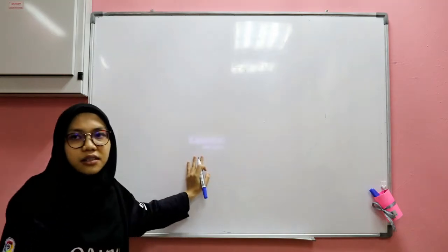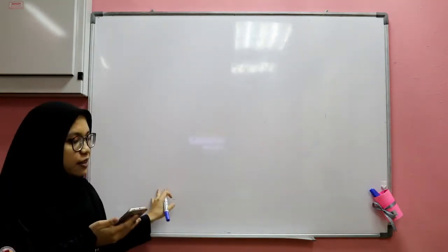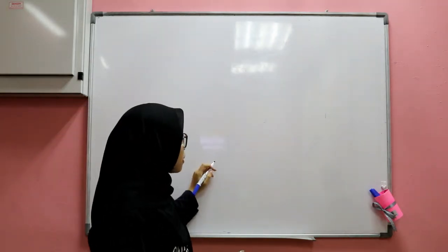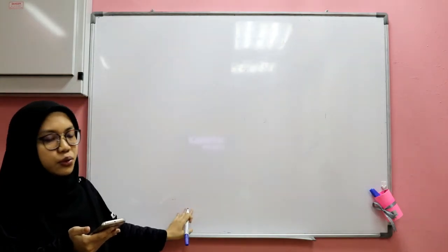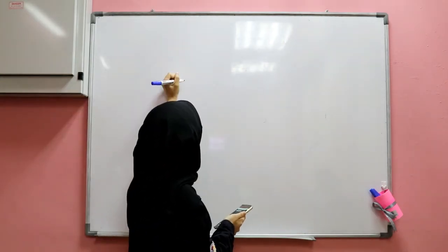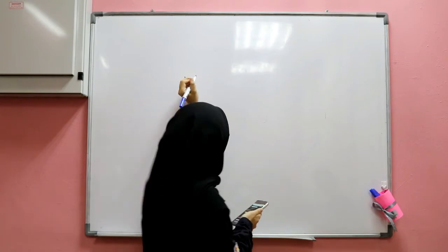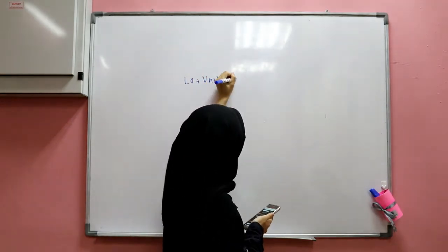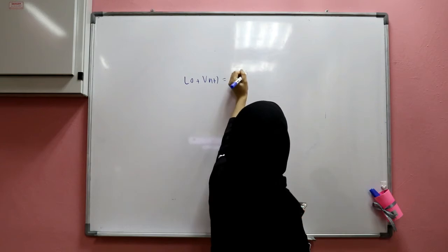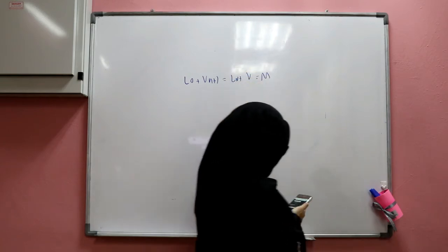We use several formulas. Before we make the graph, we need to use the formula to do the material balance, which is L0 plus Vn plus 1 equal to Ln plus V1 equal to M.